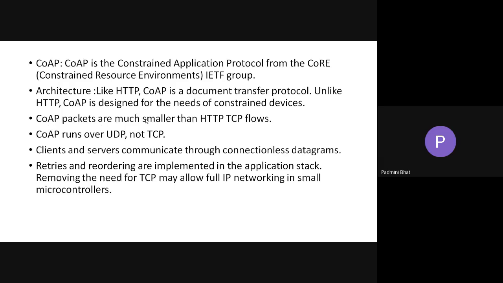CoAP packets are much smaller. You can write the value also. It runs over UDP and not TCP. Clients and servers communicate through connectionless datagrams. Retries and reordering are implemented in the application stack, as in the example of the message I showed you. Removing the need for TCP may allow full IP networking in a small microcontroller.